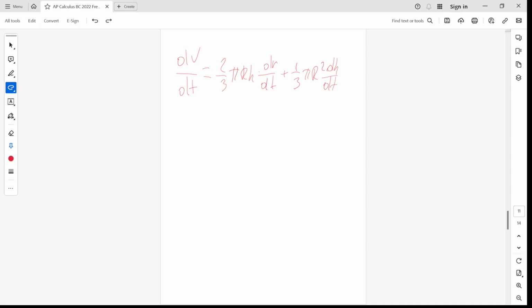So let's just write our values. r is equal to 100, h is equal to 50, dh by dt is equal to minus 2 because it decreases, right? And dr by dt is equal to minus 5. And we just need to plug in those numbers.